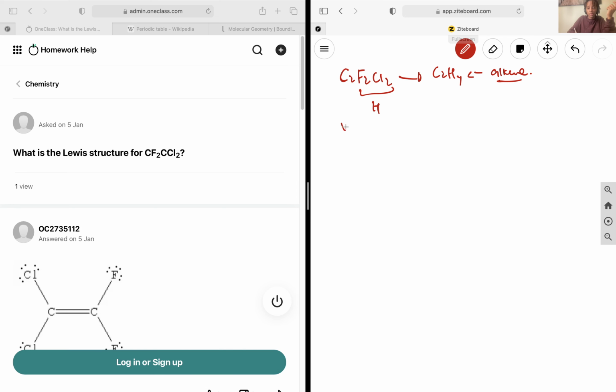If you want to go through the long process, you count your valence electrons. So we're going to have 2 by 4, 8, plus 2 by 7, 14, plus 2 by 7, 14. That is going to give us 28 plus 8, so we have 36 electrons to take care of. Just start with your skeleton.